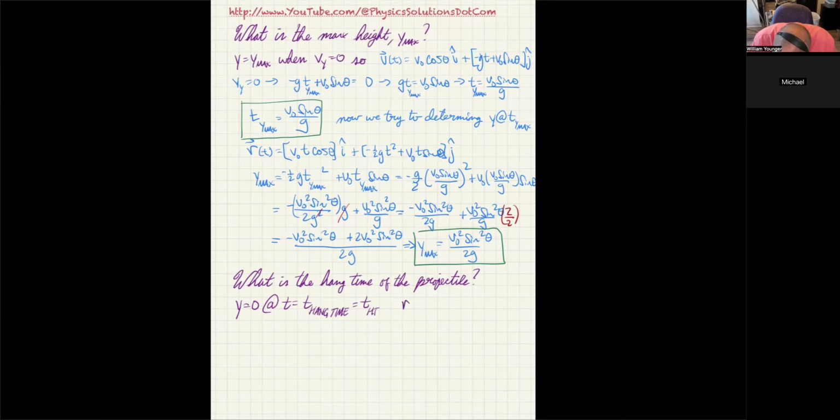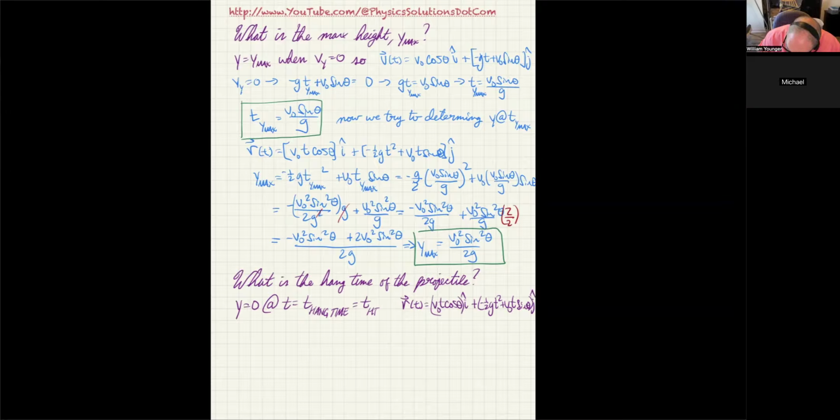So we know that r of t is equal to v0 t cosine theta i hat plus negative 1/2 g t squared plus v0 t sine theta j hat.